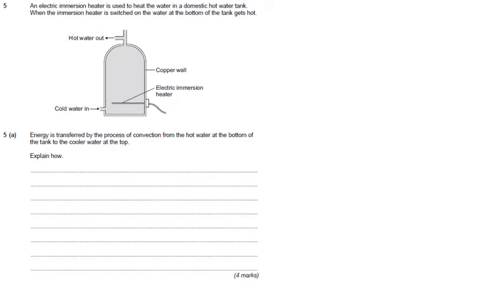So first of all, near the immersion heater, water particles gain kinetic energy. As they gain kinetic energy, they move faster and they move apart. As they move apart, this causes them to become less dense.